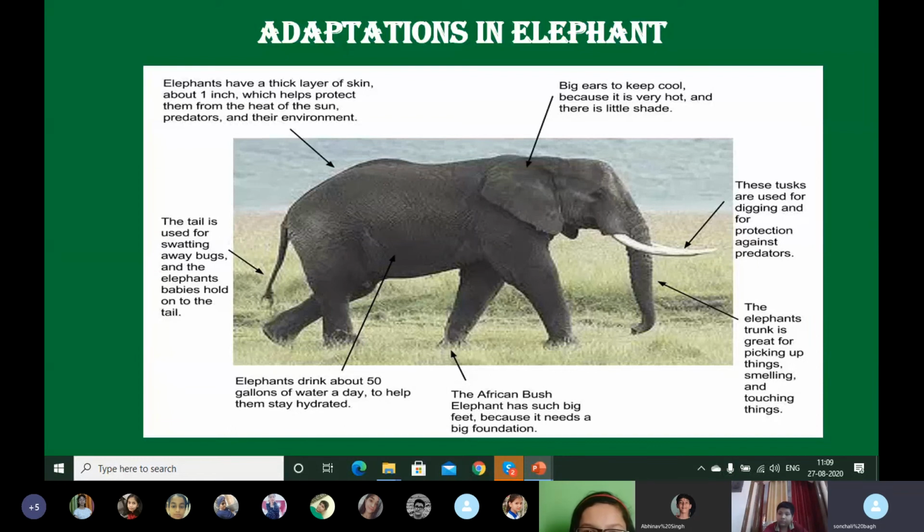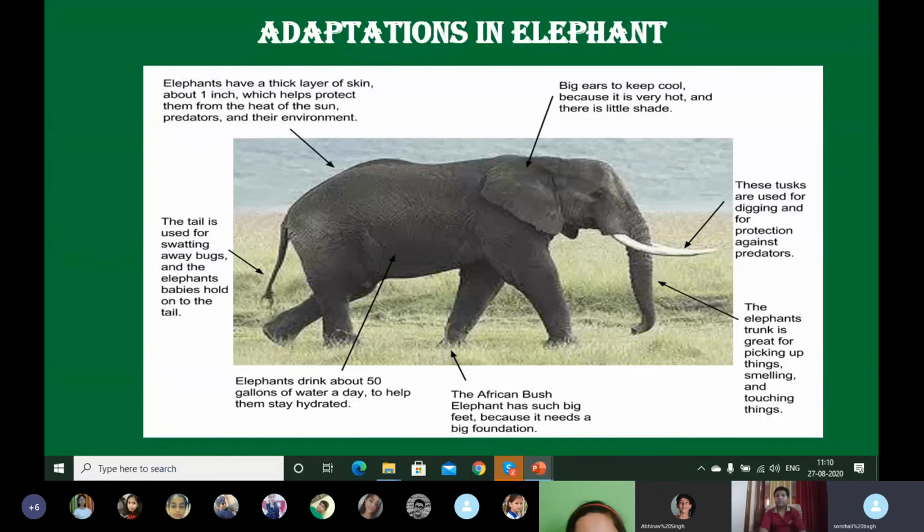So in order to cool down, it has big ears which keep on fanning and cooling it. Then it has tusks, which are not for show, but help it to dig, make a place to sit, and protect itself from predators.